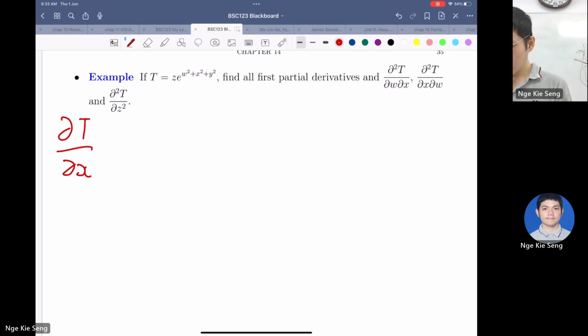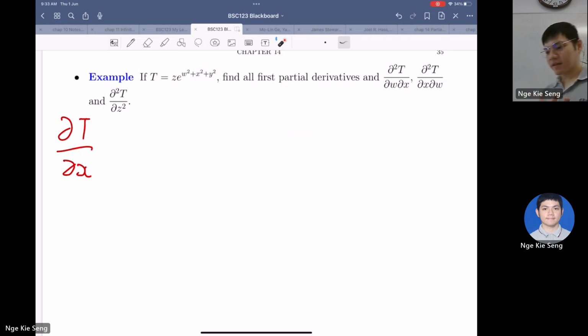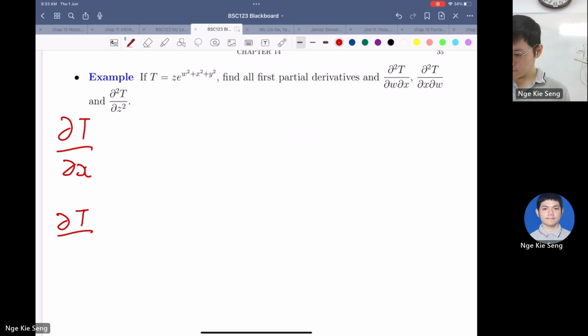You see, the variables increased again. Four variables now: 1, 2, 3, yeah, 4 variables. In principle, you have 4 of them.